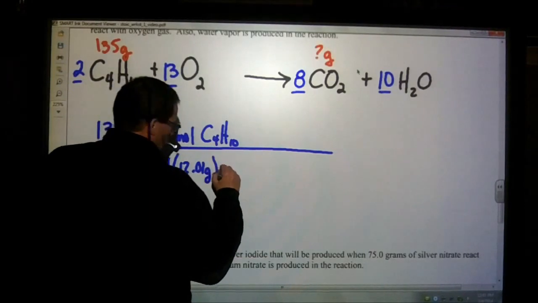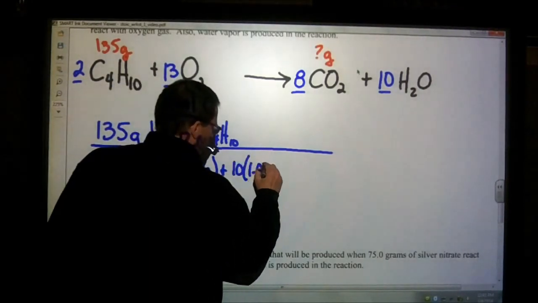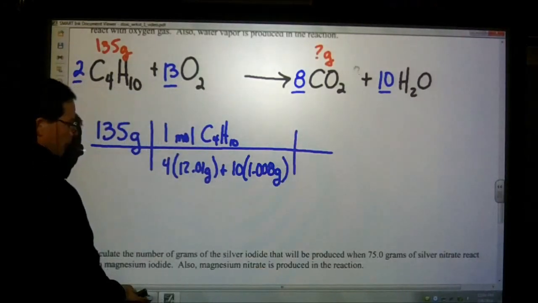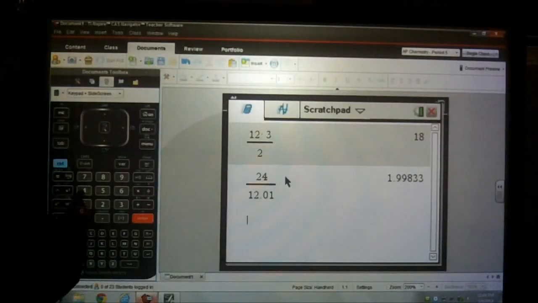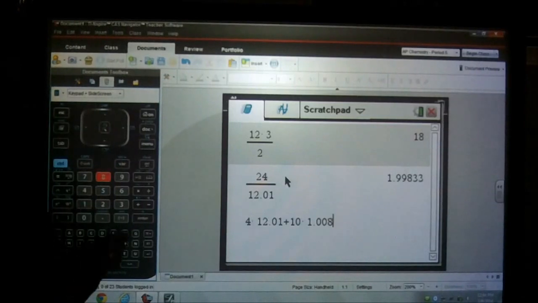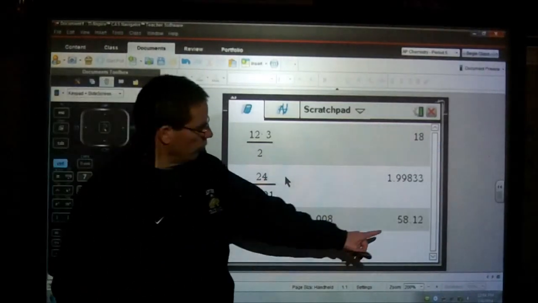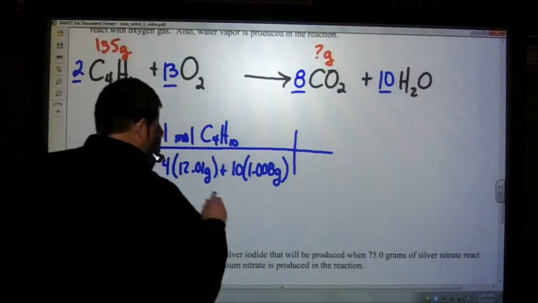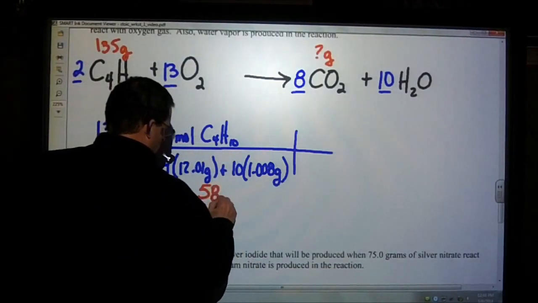So 4 times 12.01 plus 10 times 1.008. So the molar mass for that is 58.12 grams. So let me write that, 58.12 grams.